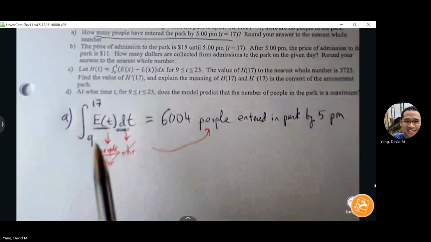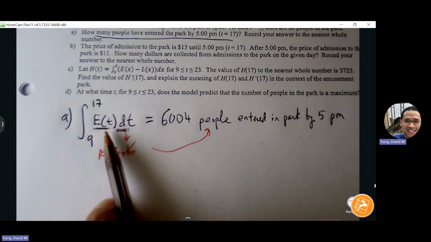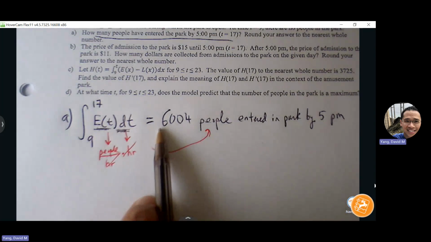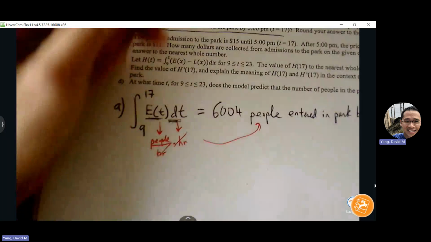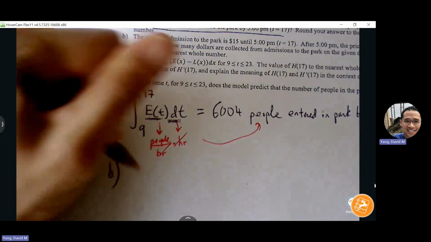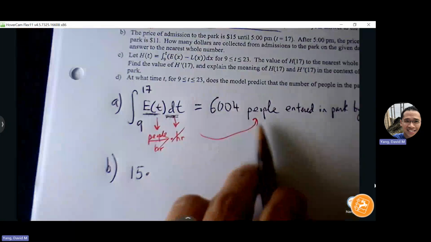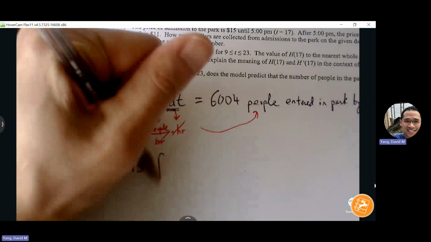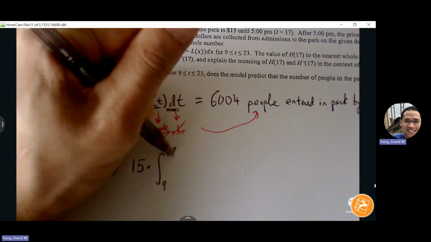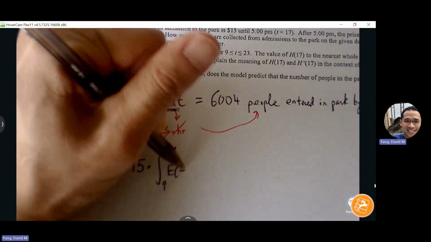So we can use this value, but I'm going to write it all in integral notation and then put it all together. We're charging $15 for each of the people coming through the gate.